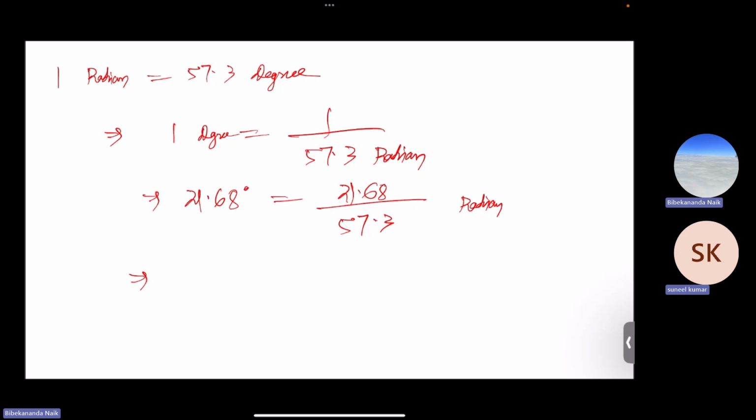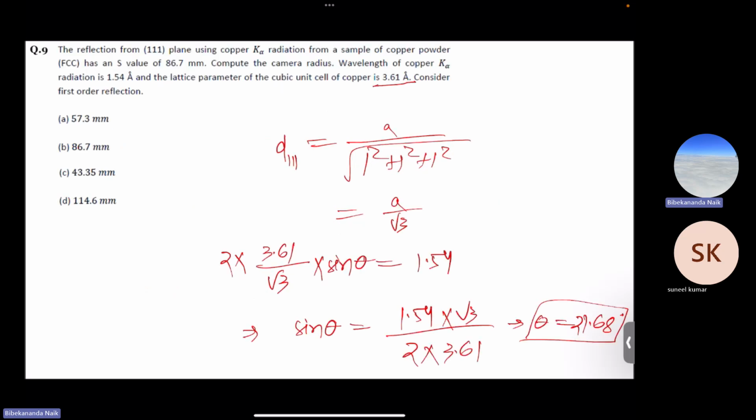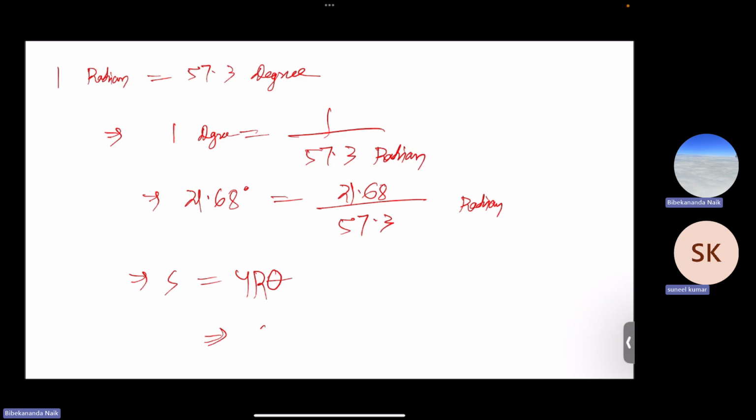Now, since we don't know the value of r, we will put s equal to r theta. So s is r theta, and we know s is 86.7. Here it is given the value of s is 86.7.